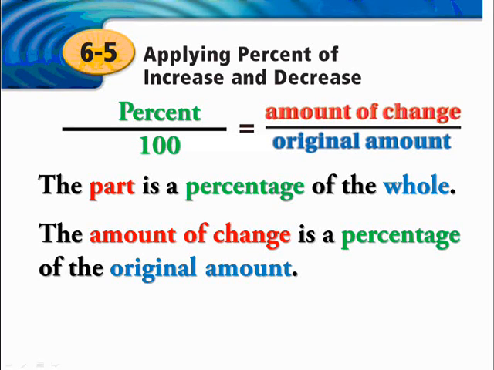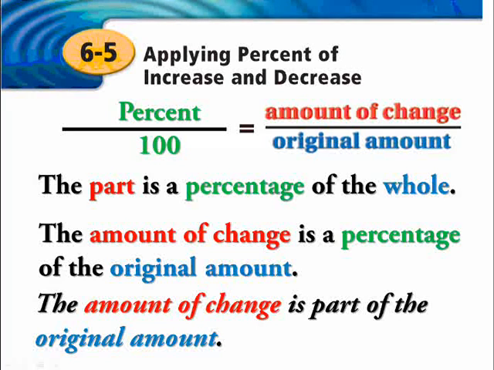By substituting out those words, we can easily take any percent of change problem and put it into this sentence form and then into the equation or proportion form. The amount of change is always calculated as a part of the original amount, never as a part of the ending amount, the new resulting amount that has been increased or decreased.